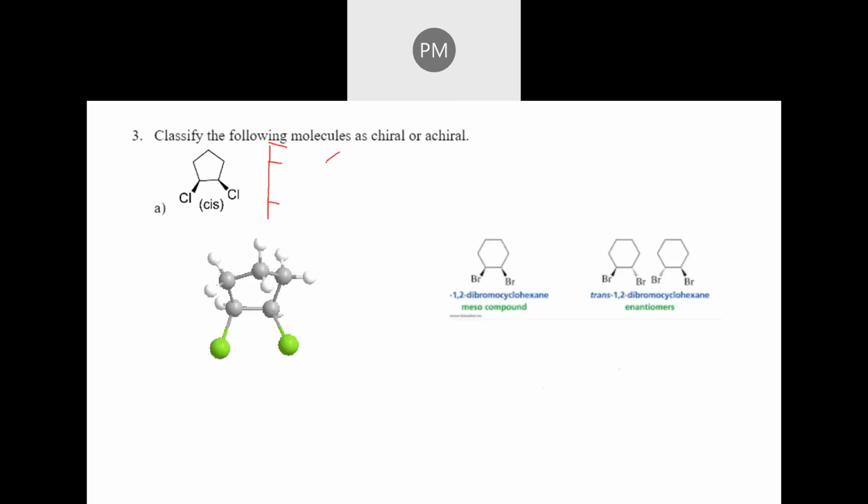then what will happen? If I draw that molecule after the mirror, it will be like that.